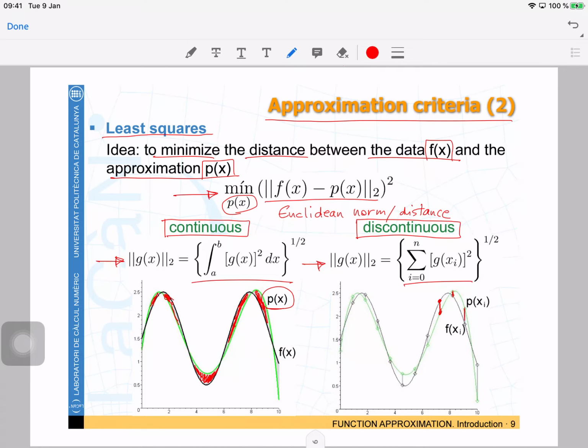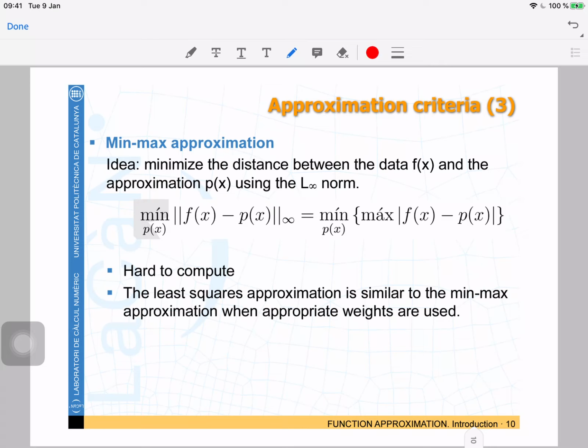So all these distances, the red lines, you sum and minimize the total distance, and then you can come up with your approximation P based on least squares.